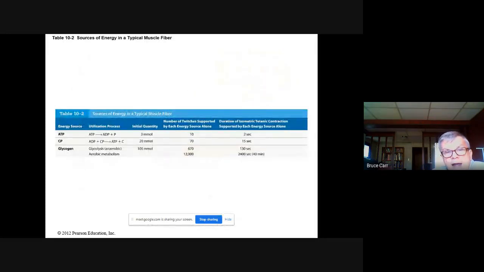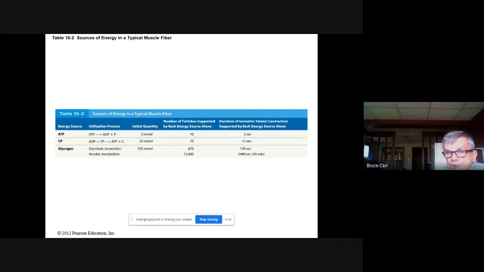So what does that mean in terms of energy consumption? Within the muscle, we have 3 sources of energy. There is some ATP at all times, a very small amount. And look at that top line, 10 twitches for a typical muscle fiber, which will last about 2 seconds. So if you are confronted with a high level of activity, the ATP that's there is gone in 2 seconds. The creatine phosphate is a storage device which basically holds phosphate, but releases ATP when called upon.